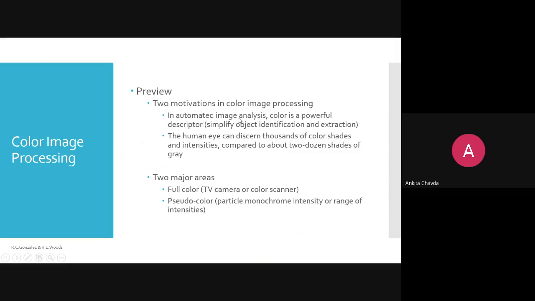In automated image analysis, color is a powerful descriptor, because if the color is like this, then the object should be like this. If we are talking about vegetables, fruits, or any objects where the colors are specific, a brinjal, for example, has a purple or violet color. So if the color is like this and the shape is like this, then it must be this object.